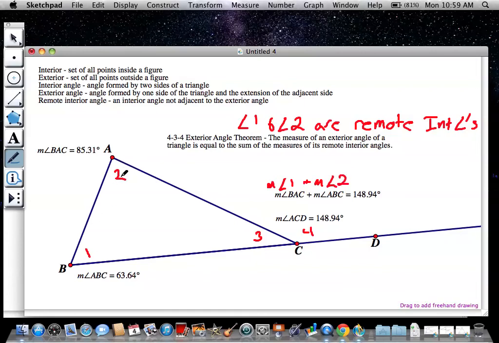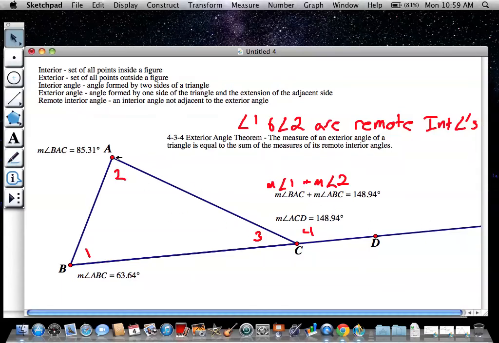These two angles are remote to angle 4. When I add them up, they equal angle 4. And if you notice, I've done that for you. Angle BAC, this angle. Angle ABC, this angle. When I add them up, it gives me 148.94 degrees, which is what angle ACD equals right here.